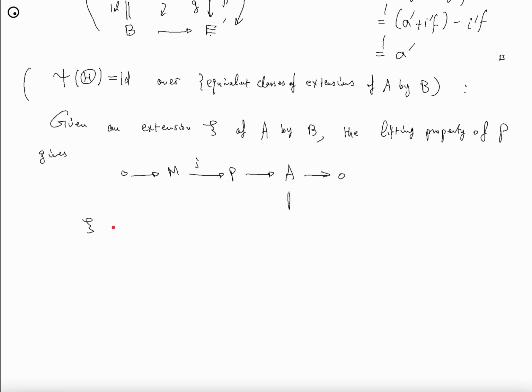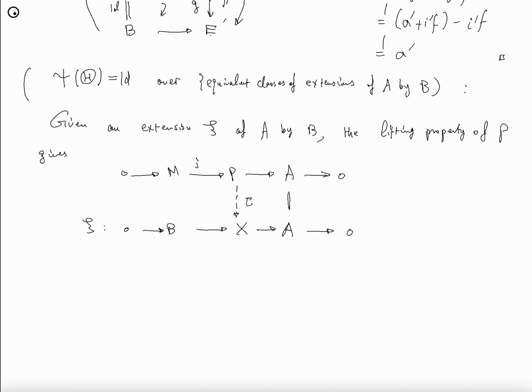So let's say we have this C, B, X, A. Then this is a surjective map. P maps to this surjective map and then factorizes by the universal property of P. Let's call this tau.